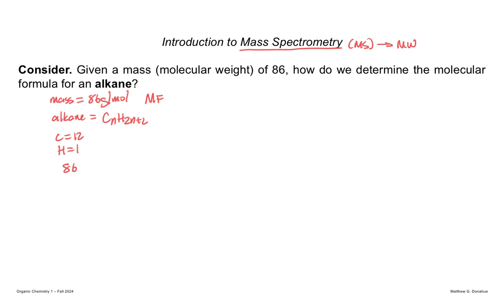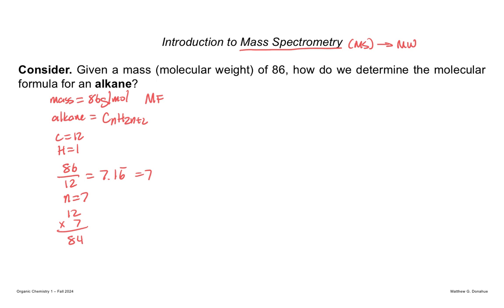So we can just take 86 and divide that by 12. And we'll get a number, 7.16 repeating, and we're just going to call that 7. And then we're going to say n equals 7. So if n equals 7, if we take 12 times 7, what do we get? 84.